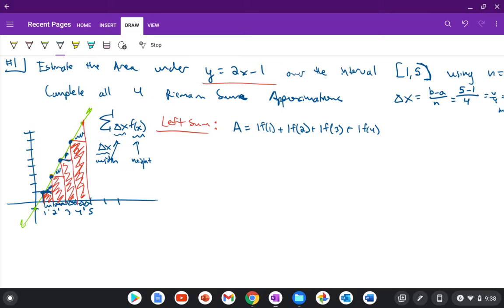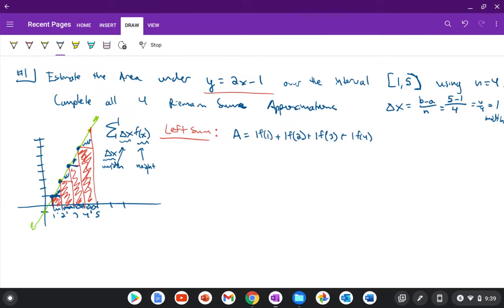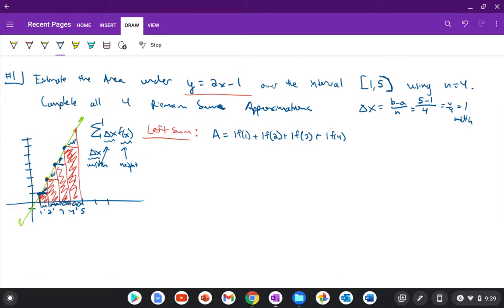So that's basically it. We're just finding the width and the height of our 4 rectangles, and we add them all up together. If you notice all of the delta x's are the same, so what we typically do is just pull that out, and then it's essentially f of 1 plus f of 2 plus f of 3 plus f of 4. I'm going to write those values.